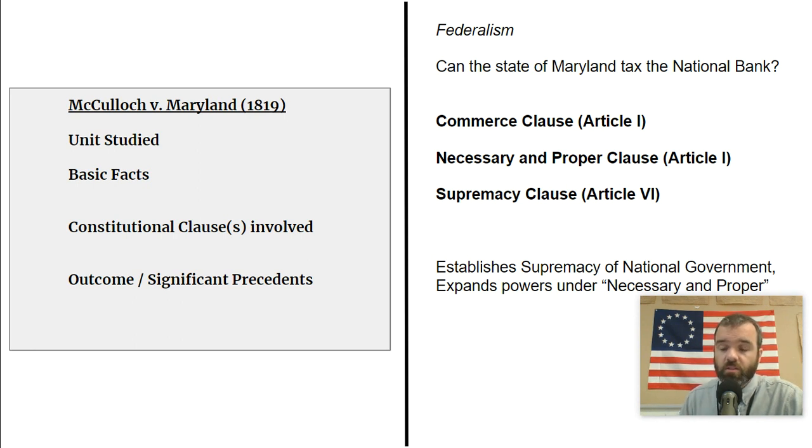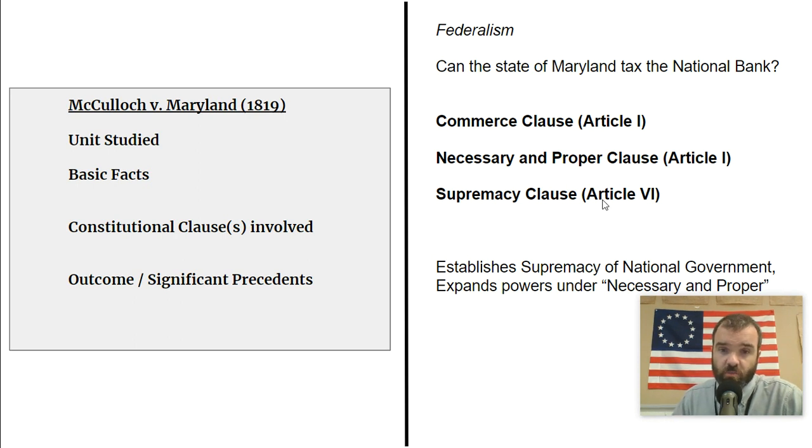The Supreme Court argued that the national government is supreme to the states. The Supremacy Clause in Article 6 clearly says that the supreme law of the land is the Constitution. And so Maryland's argument that they should be able to tax a national bank is also invalid.